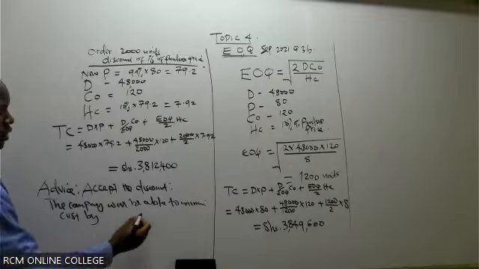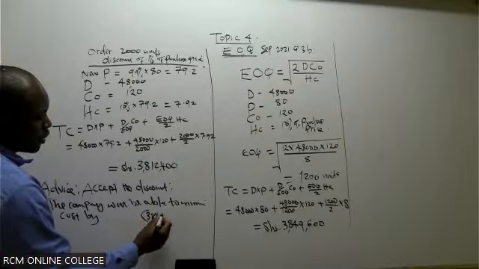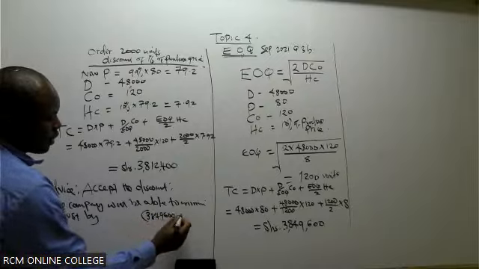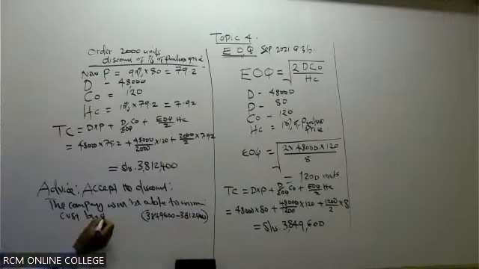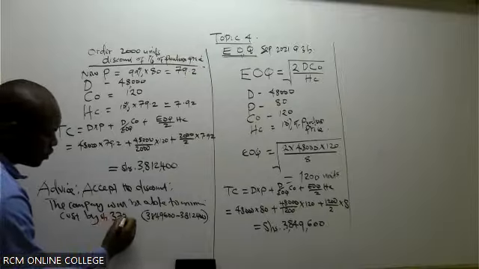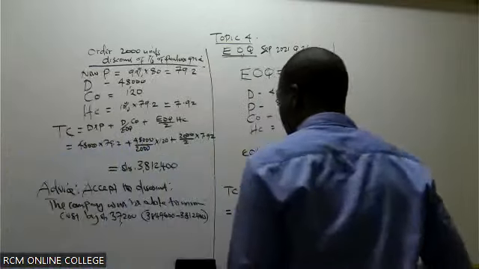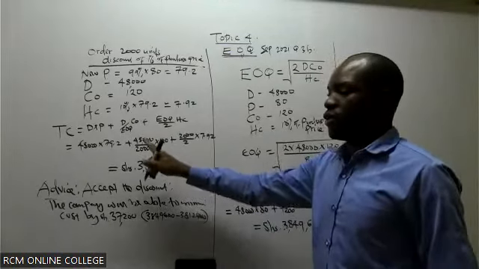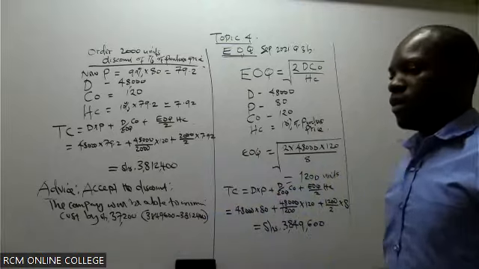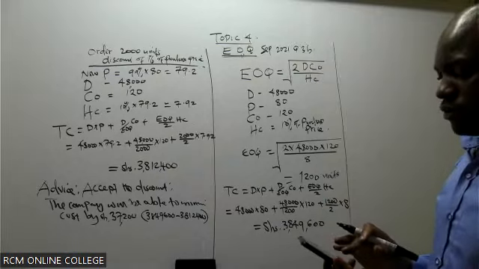We'll be able to minimize the cost by 3,849,600 minus 3,812,400. What is this figure that we are going to get here? The difference, 37,200. So the company will be able to minimize the cost by 37,200. That is, you take the highest by ordering 1,200 minus the lowest by ordering 2,000. Then if that is done, you've been able to take care of that particular question.